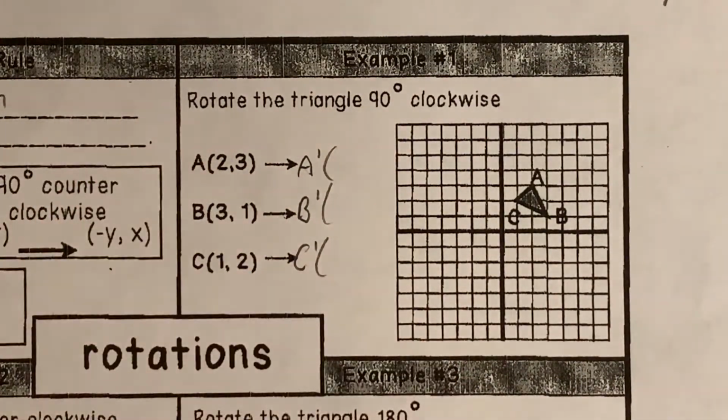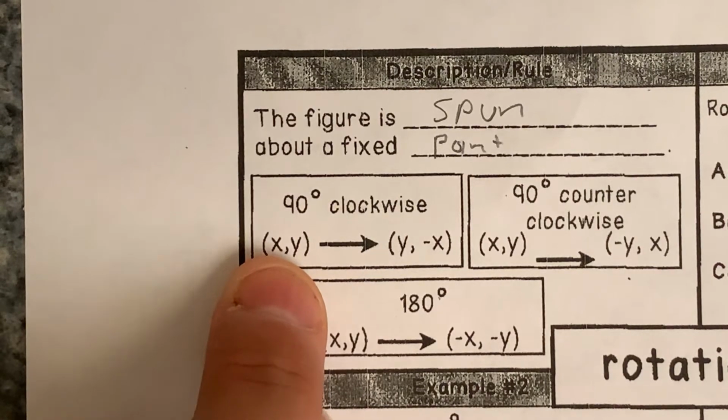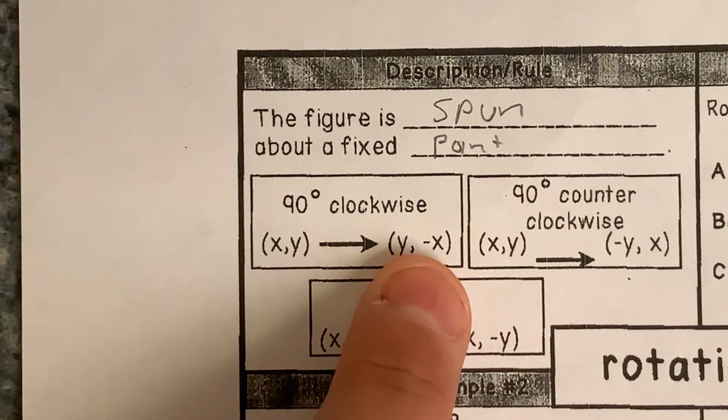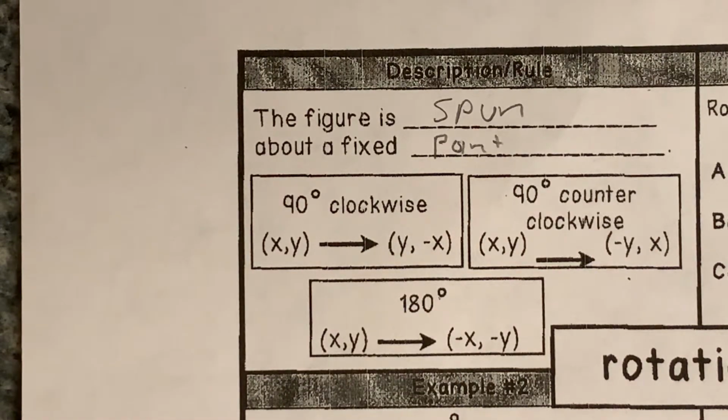So 90 degrees clockwise, look over here, is this one. Look what we do. We take the pre-image points and we switch them. You see how it's x, y? We make it y, x, but then we also take the opposite of the x. So this is, again, a little bit more challenging than we did before. We switch them and make the original x, which is in the new y position, the opposite.